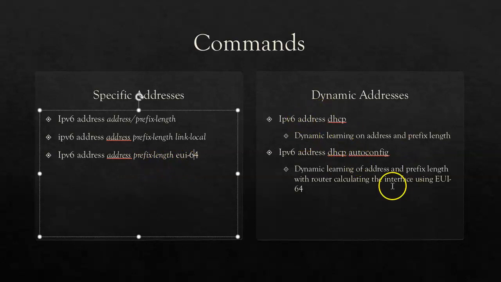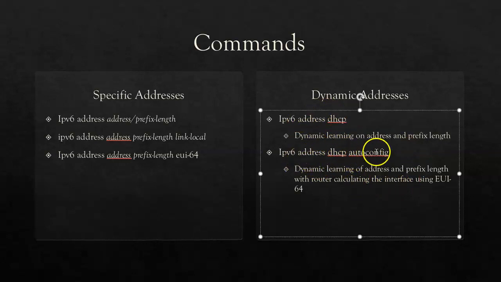And then we have our DHCP commands here. The most common is the DHCP autoconfig. My DHCP server doesn't have to do a lot of work there. It just determines the prefix and the prefix length.